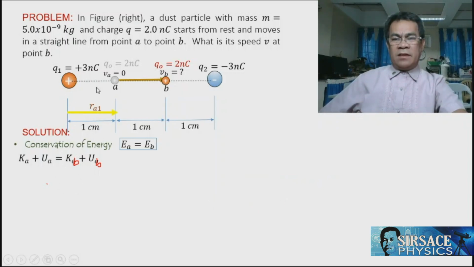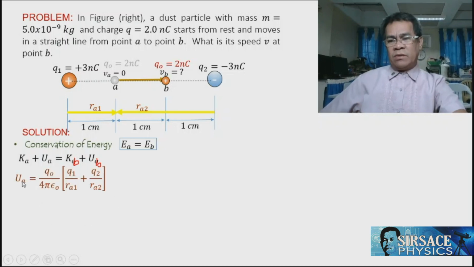Then the distance of A from charge 1 is RA1, while the distance of A from charge 2 is RA2. So we can calculate the potential at point A. In order to answer this, we need these four values: the kinetic energy initial, the potential energy initial, the kinetic energy final, and the potential energy final.